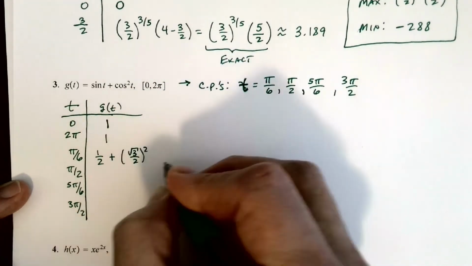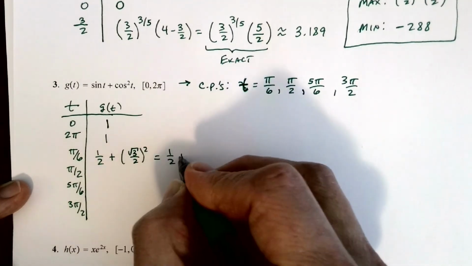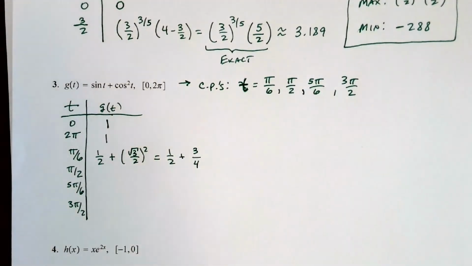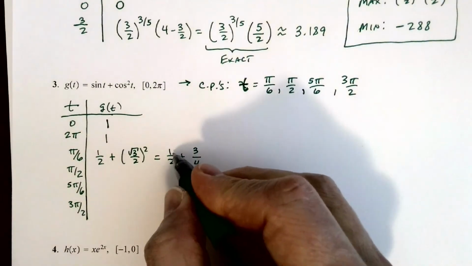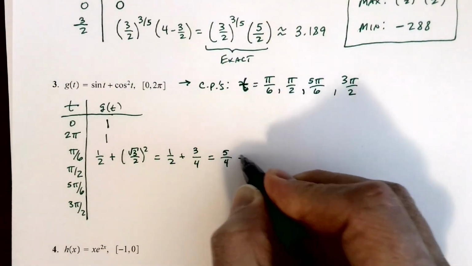But I'm squaring that, so I get 1/2 plus 3/4. Square root of 3 squared is 3, 2 squared is 4. 1/2 plus 3/4 is 2/4 plus 3/4 is 5/4, which is 1.25.